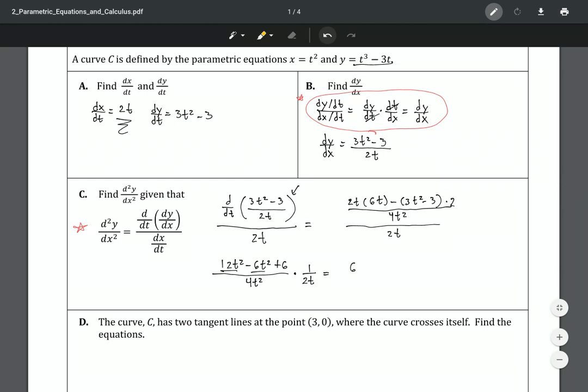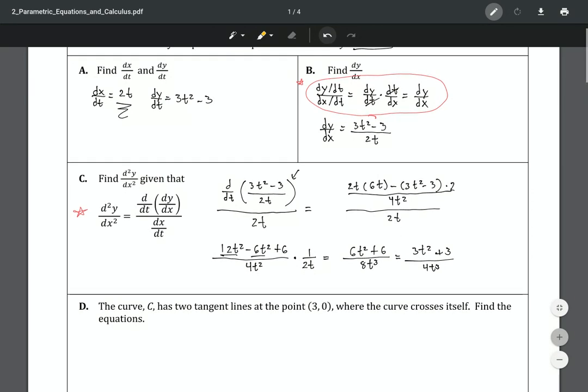So it's going to be 6t squared plus 6 all over 8t cubed. If you notice, all of these are divisible by 2, so you can simplify this a little bit further. So this is 3t squared plus 3 over 4t cubed. All right, so that's the second derivative.